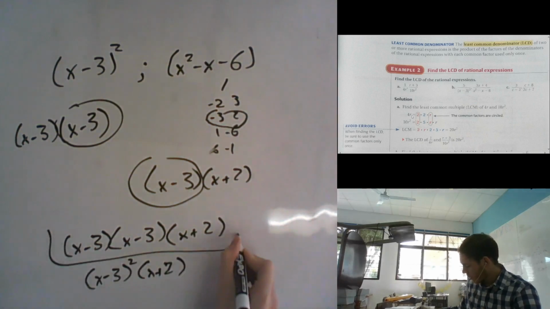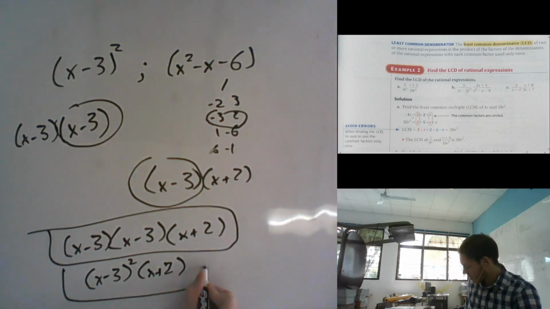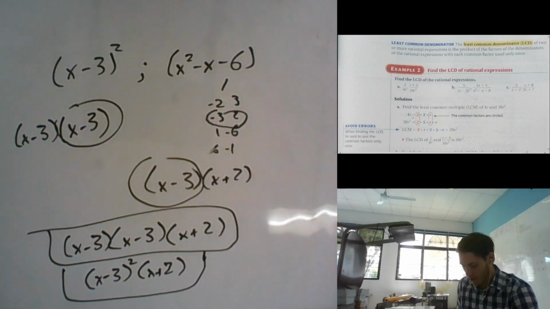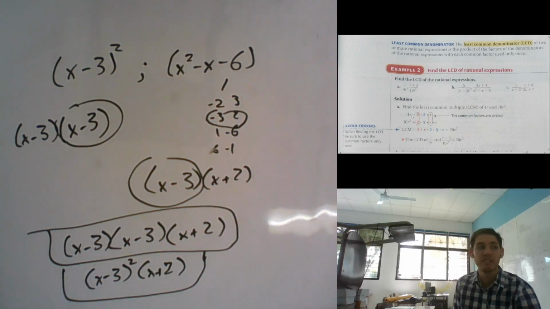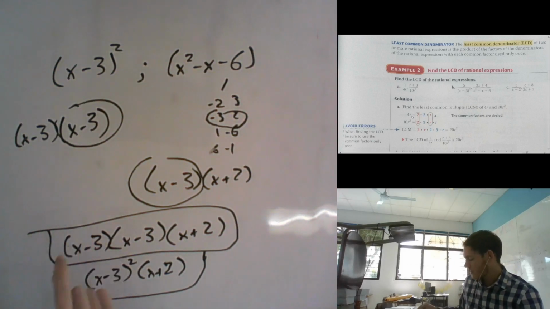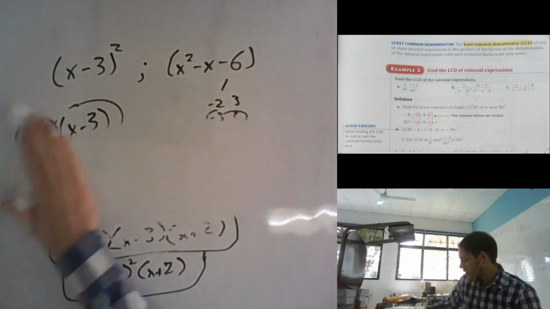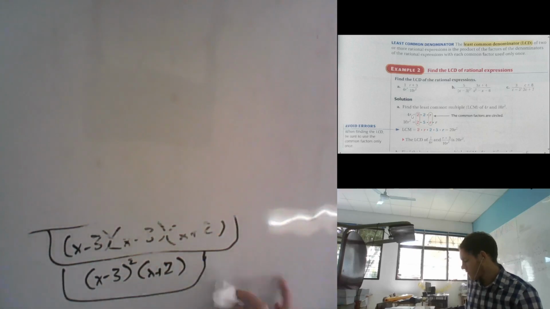Both of these are the same answer. They're both correct. They both share one factor, so we only need to write that factor once. If they share something, you only have to write it once.